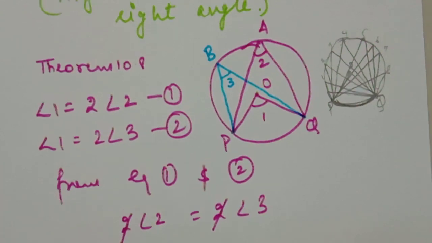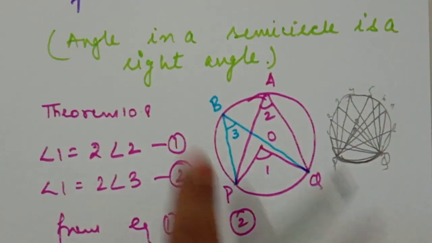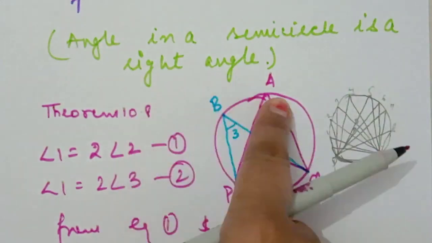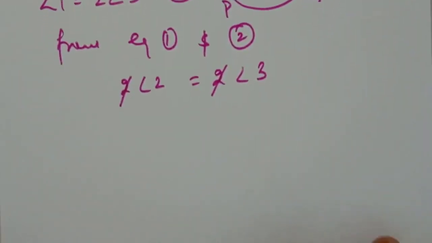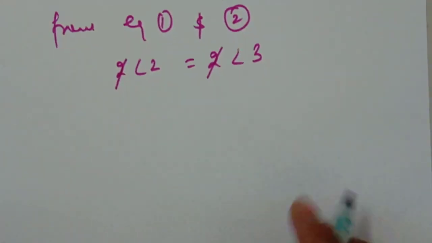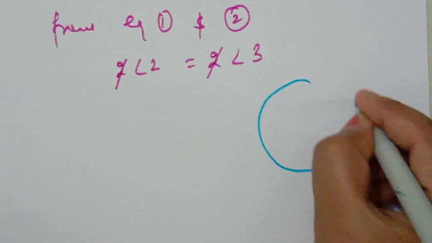Now the second property: an angle in a semicircle is a right angle. This property follows from the second diagram of theorem 10.8.